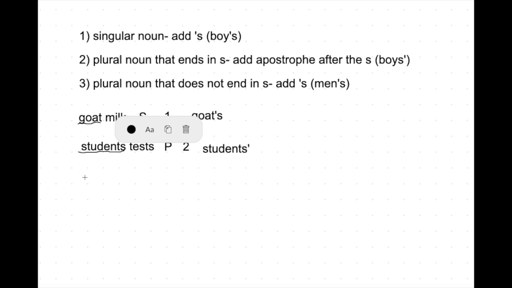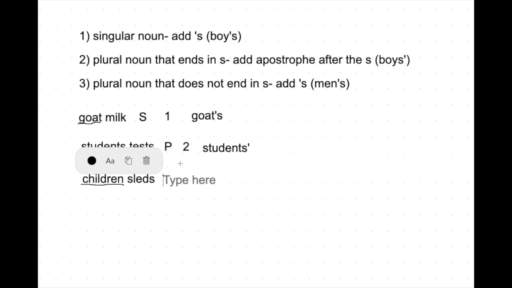Number 3, children. Children's sleds. Well, we need to show ownership, so we need to say children's sleds. Children is a plural noun that does not end in S, so it follows rule. Oh, well, we need to actually say that it's plural. Should have done that first.